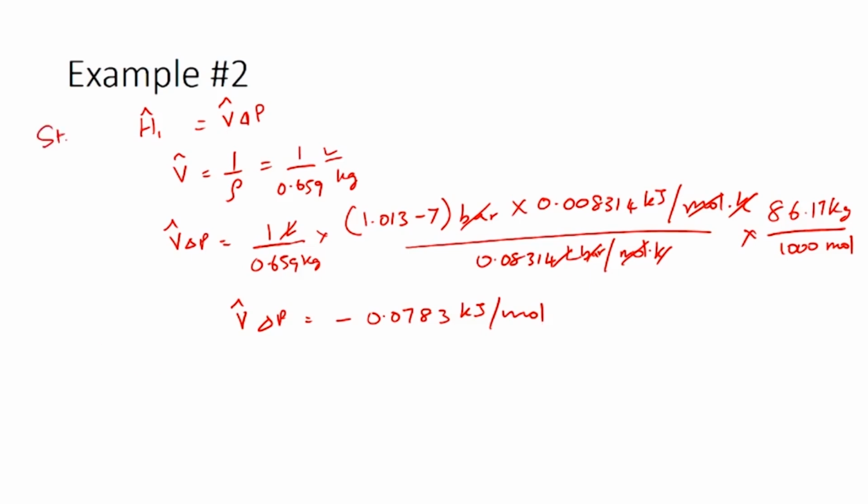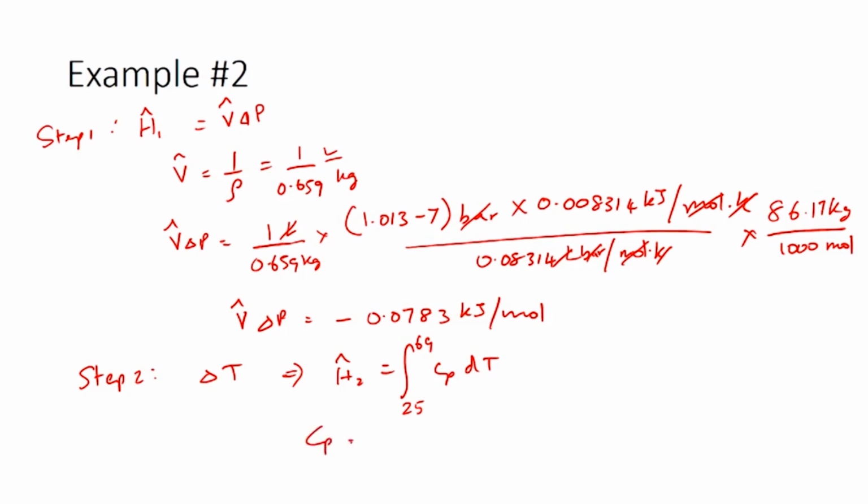The second step would have to be calculated. For the second step there is delta T, there is no change in pressure or phase. So, this is a simple thing. H2 cap would be equal to integral Cp dT, where Cp would be the Cp of hexane liquid and the temperature difference is from 25 degree Celsius to 69 degree Celsius.